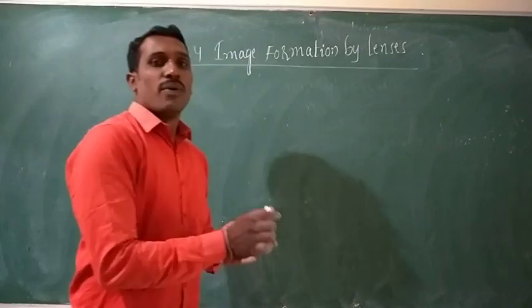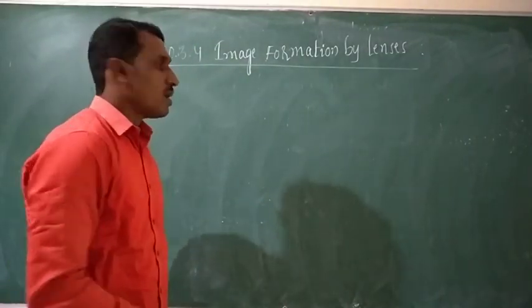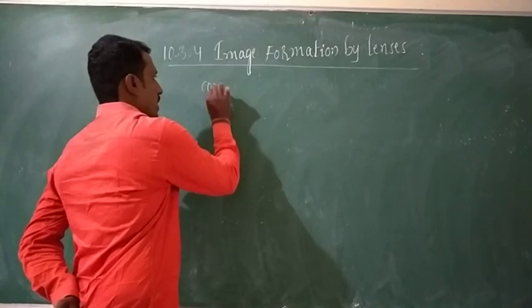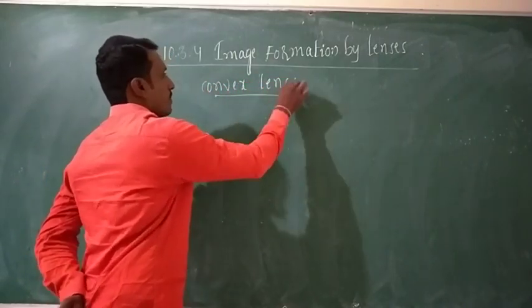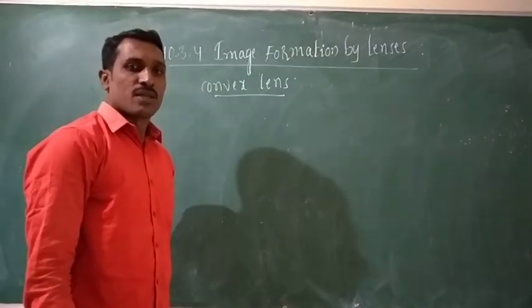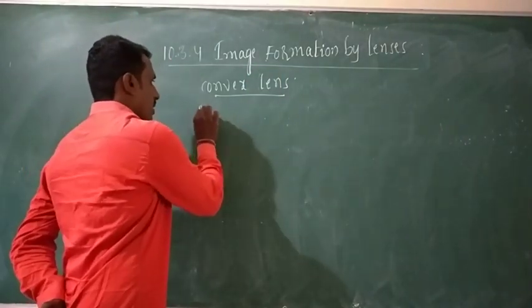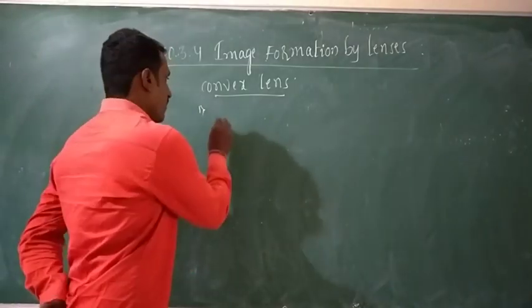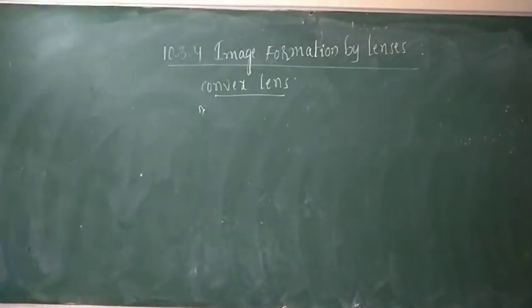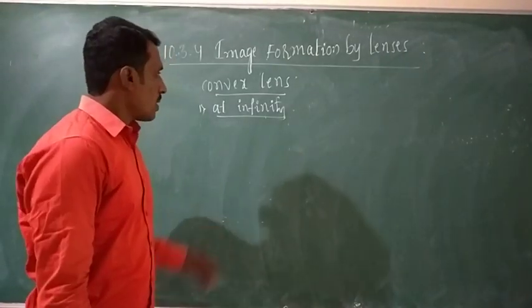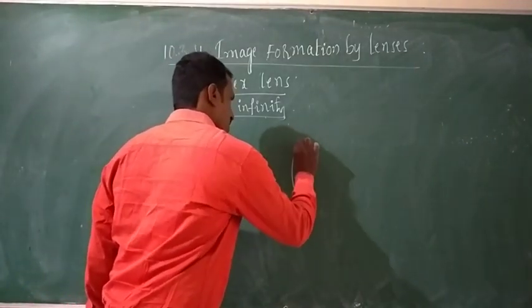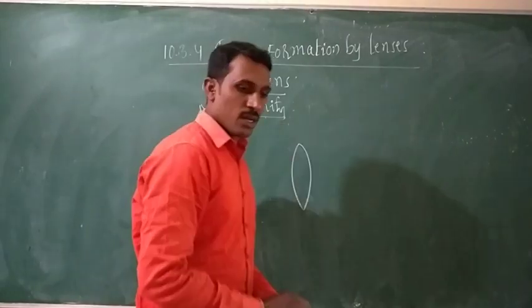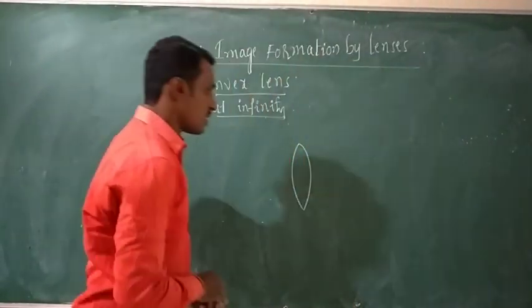First, we will take formation of image by convex lens. Here we have a few cases. At the beginning, I will take the case when the object is at infinity. I have taken one convex lens. Suppose the object is at infinity.